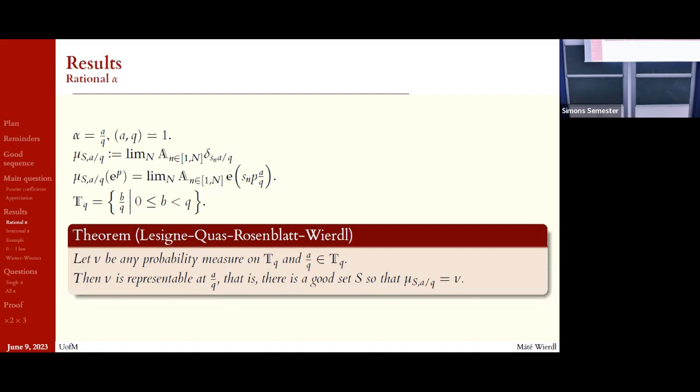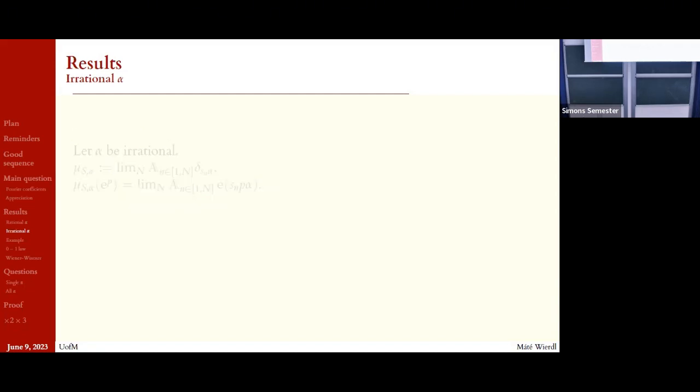So there is a good set S so that the limit measure at A over Q is equal to nu. Okay, so this is a complete resolution of the question, at least for a rational number.